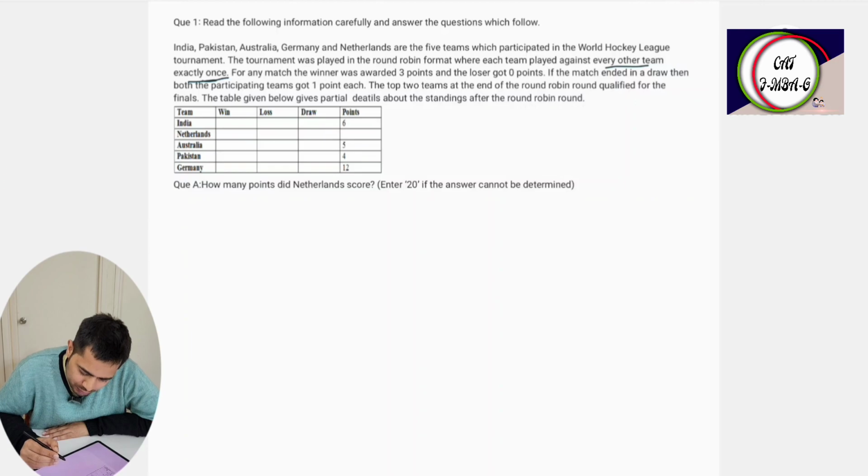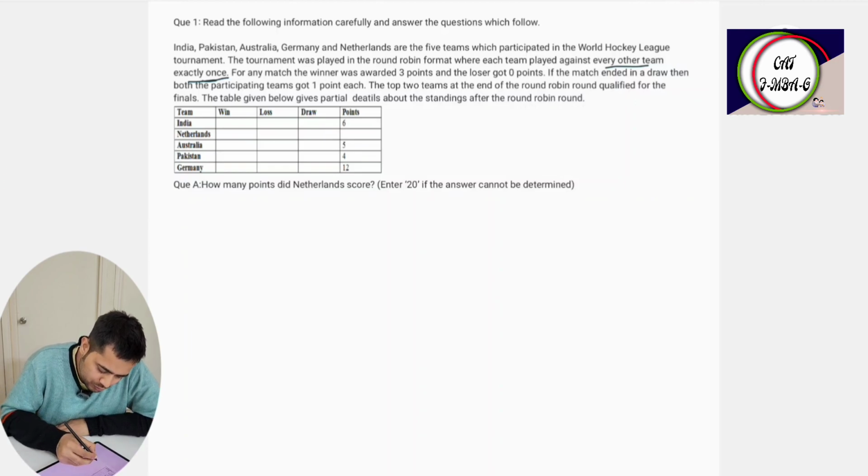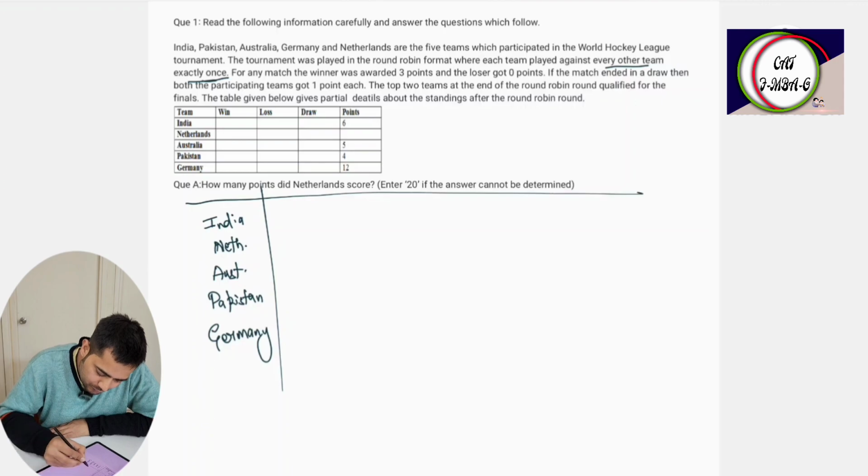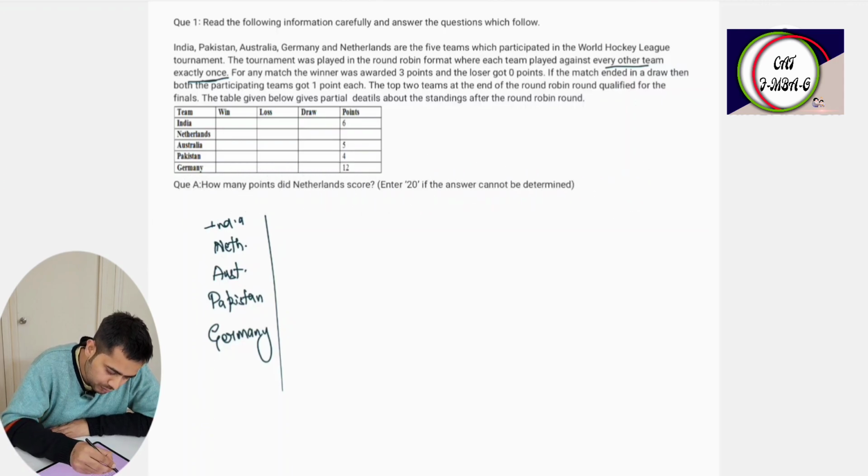In these kind of questions, you can draw a table also. So India, Netherlands, Australia, Pakistan, Germany. Let me clear a bit.